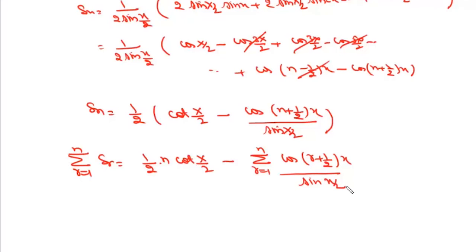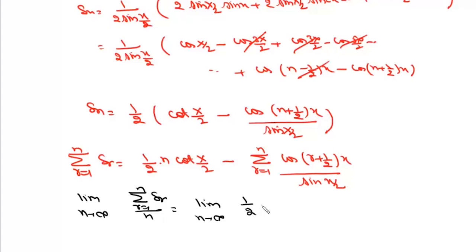Now we need to find this limit n tends to infinity of summation Sr upon n. Now will be this limit n tends to infinity. Now here n and n will cancel.